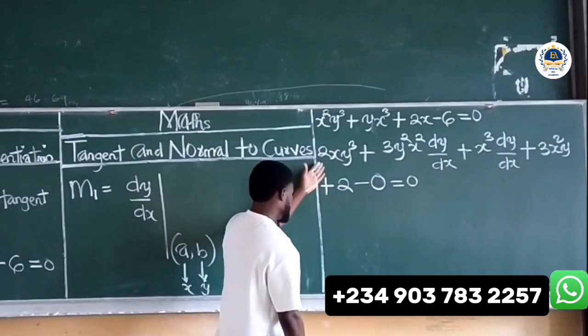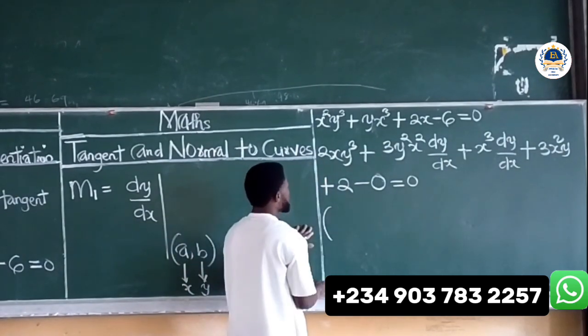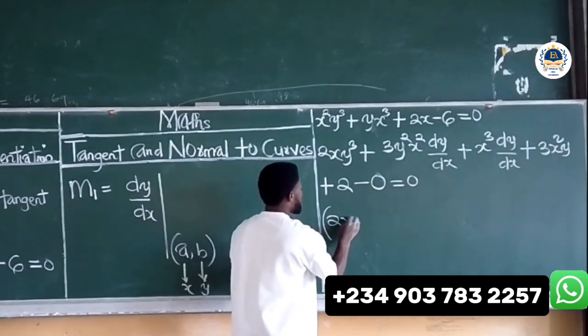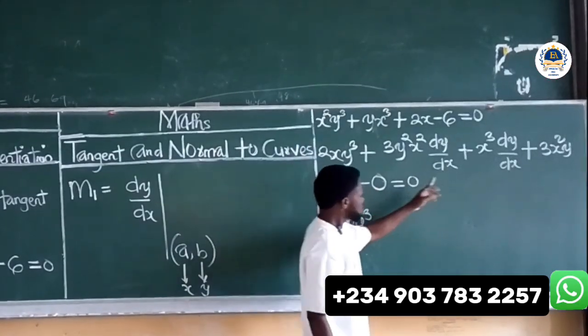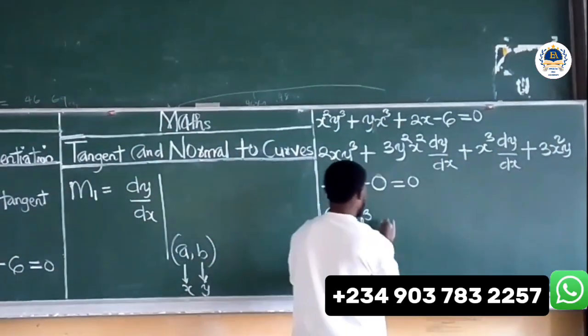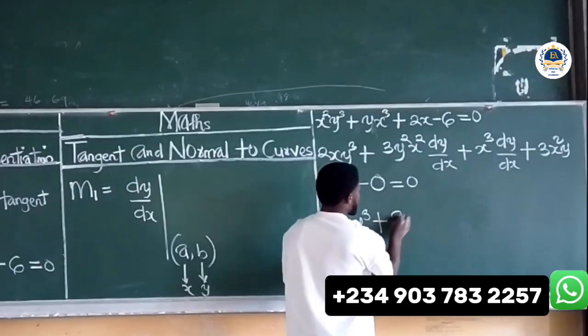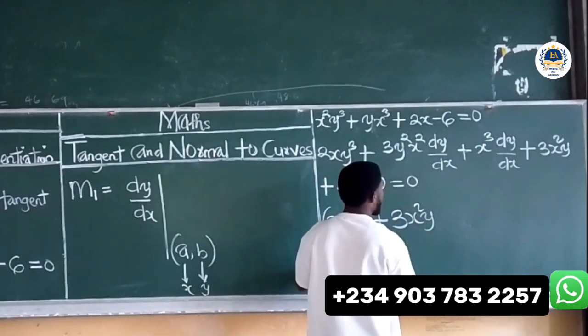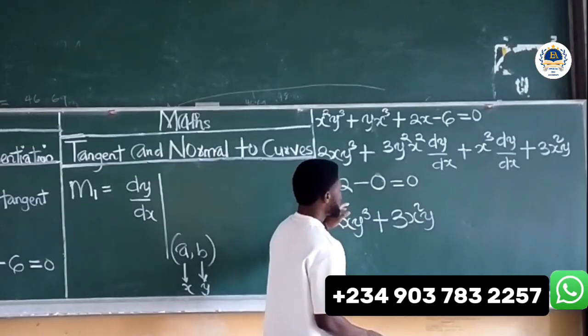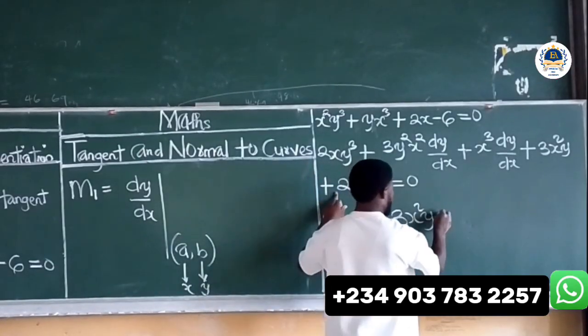So for x, we have brackets open, 2xy raised to the power of 3 plus 3x squared y plus 2.